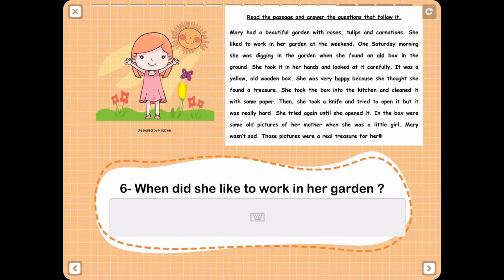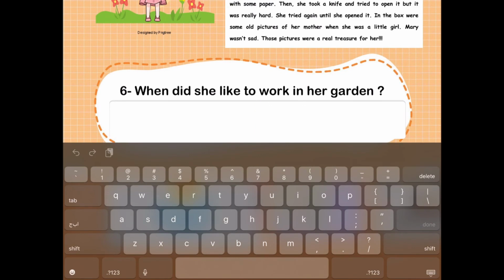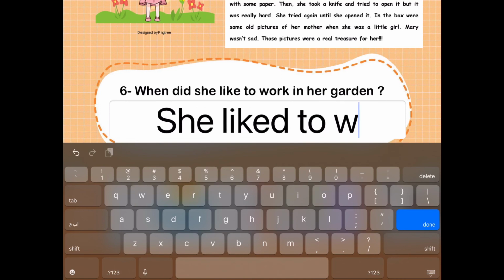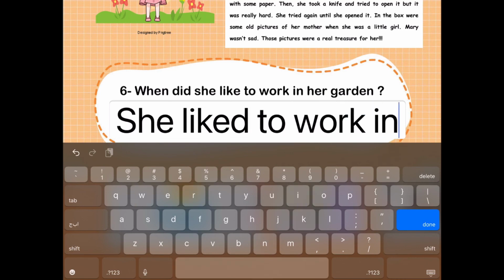When did she like to work in her garden? Read the passage and find out the time that she liked to work in her garden. She liked to work in her garden at the weekend. Yes, excellent.